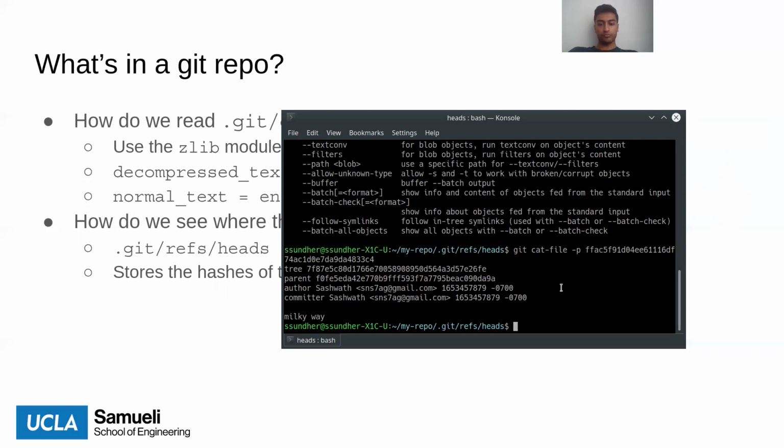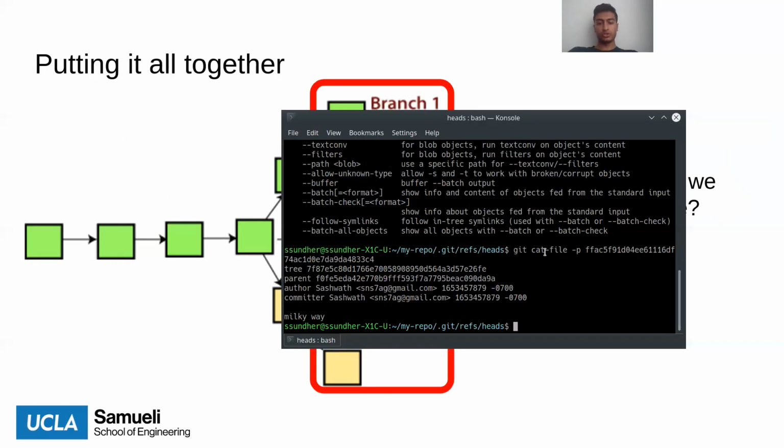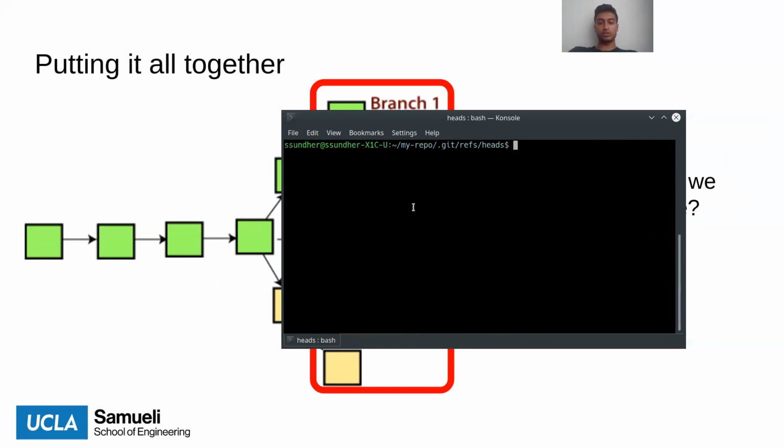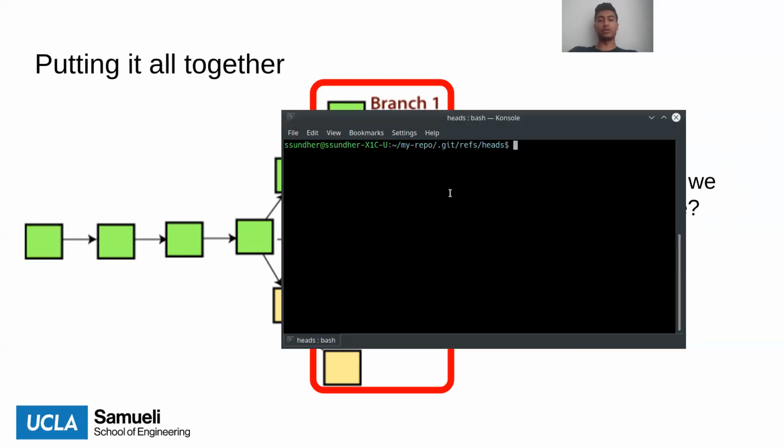All right, so moving on. Where can we find these? Well, we just went over that. In .git/refs/heads, if we were in this repo, it would have these three branches stored: branch 1, master, and branch 2, and it would tell you their hashes in this directory right here, refs/heads.